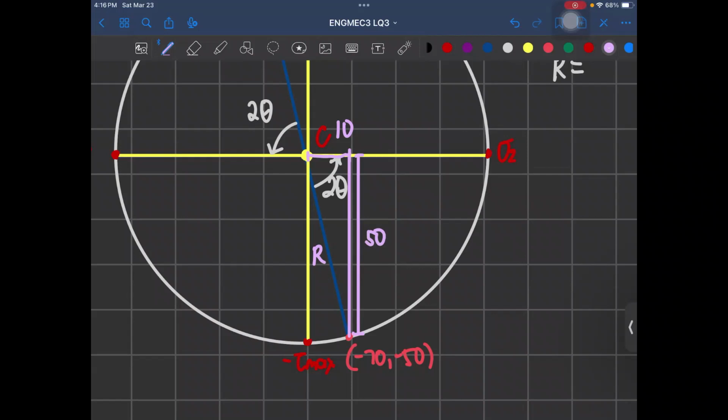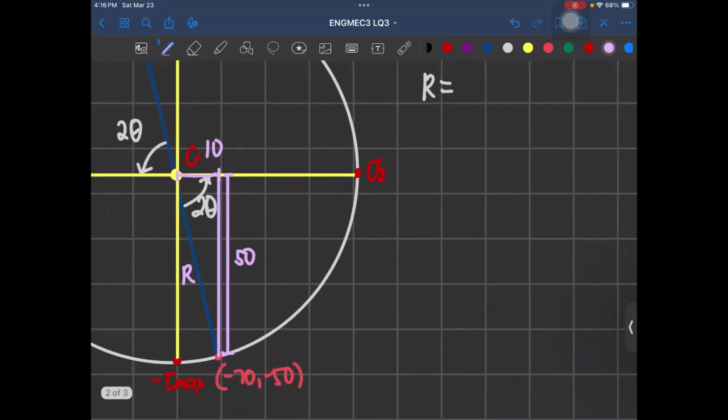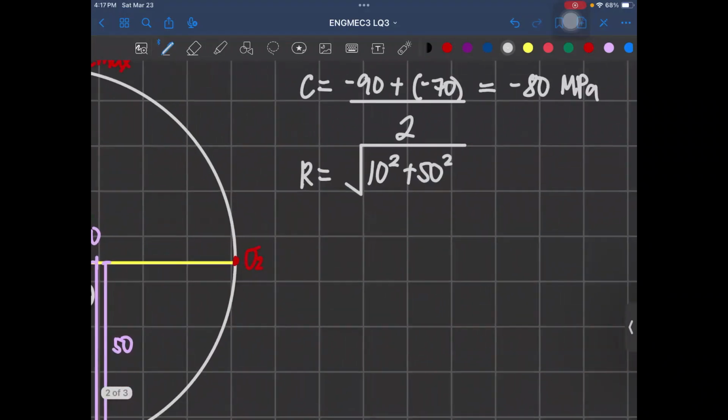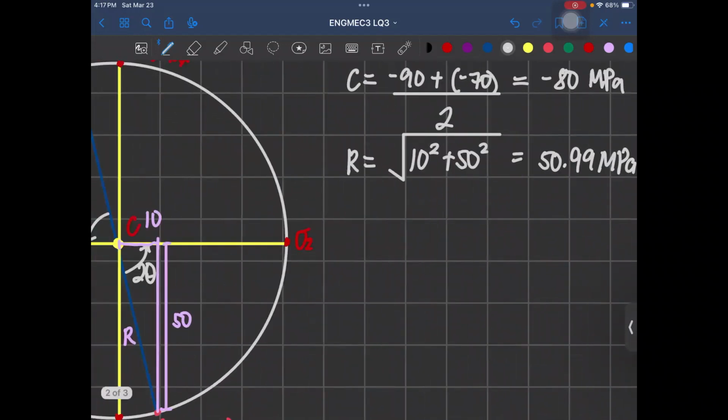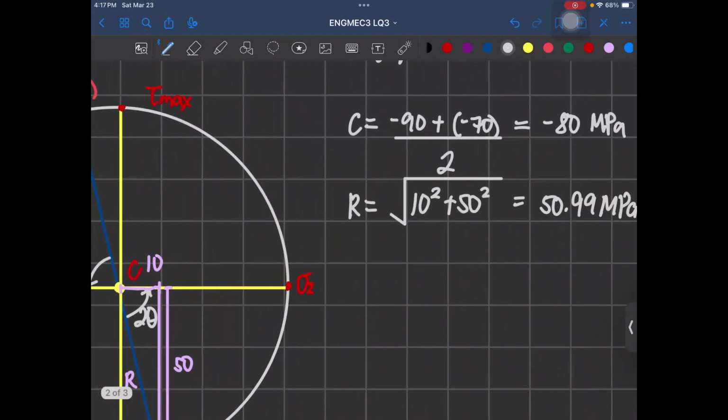So we can use Pythagorean theorem since it's a right triangle. R is equal to the square root of 10 squared plus 50 squared, which is just equal to 10 square root of 26 or 50.99 megapascals.